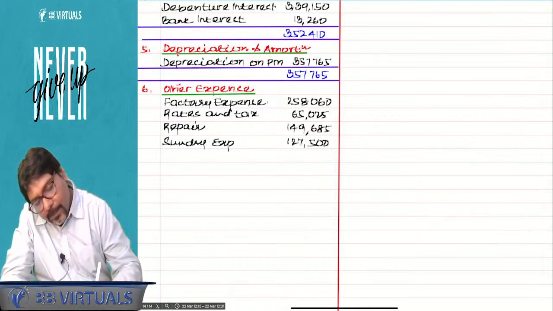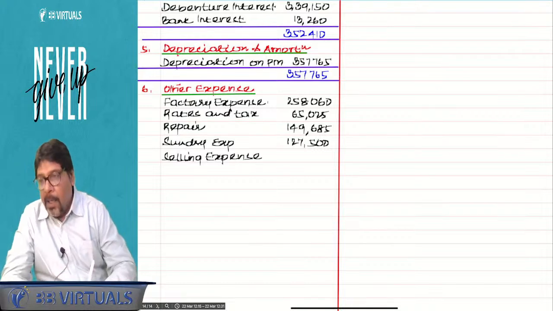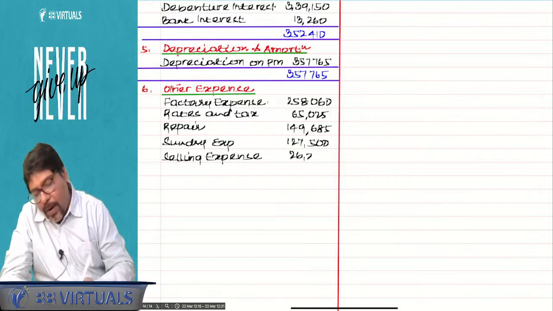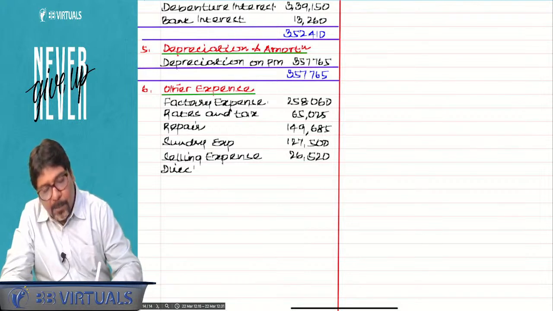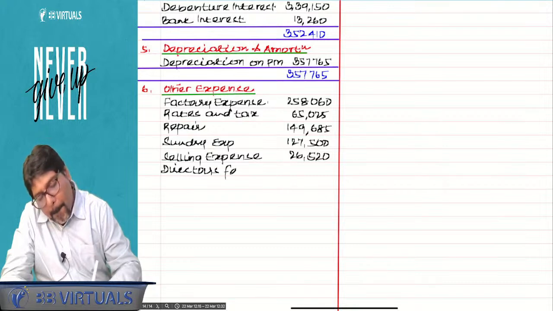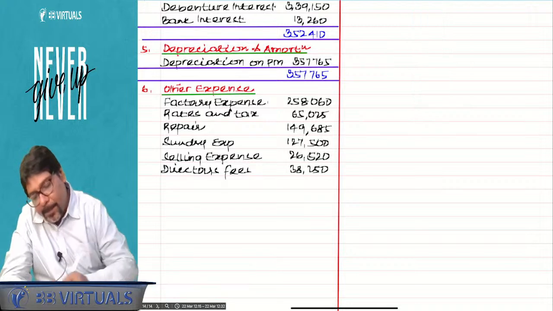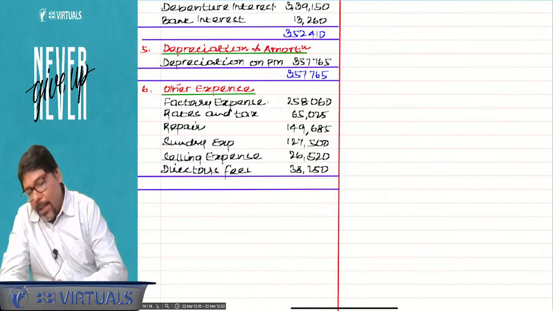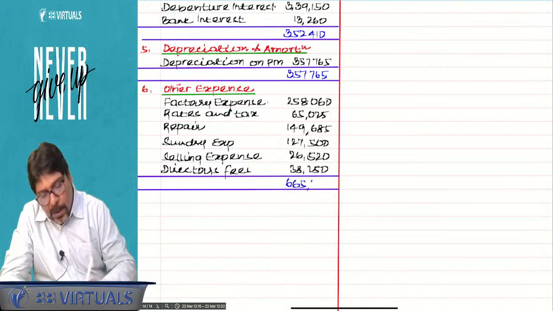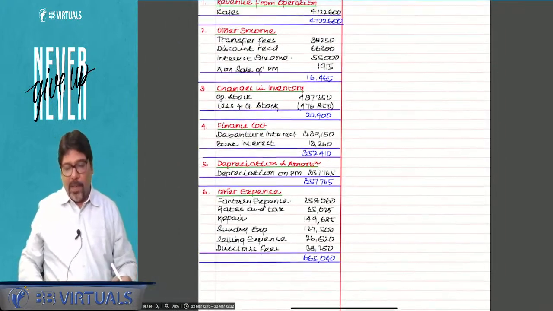Then selling expense 26,520. Then director's fees 38,250. Total 665,040. Correct.